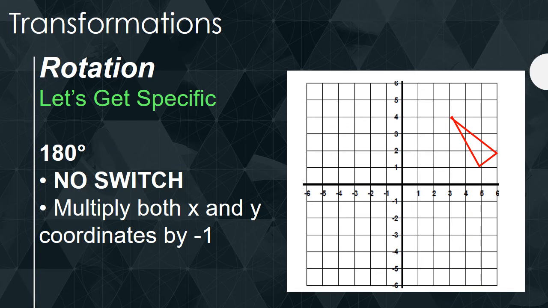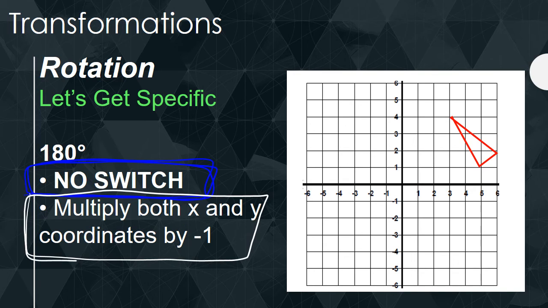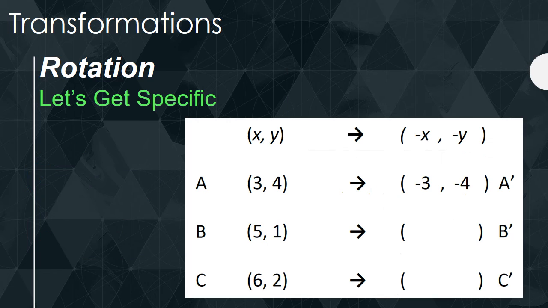So now what happens if we're going to rotate this 180 degrees around the origin? The biggest difference here is that there is no switch of the X and the Y coordinates, but this time all we're going to do is find the opposite of X and Y to find our new coordinates.